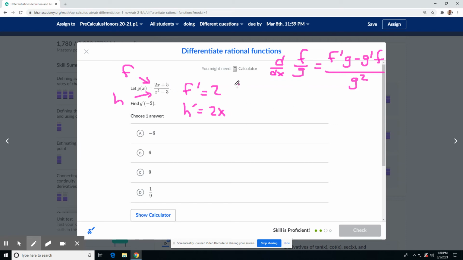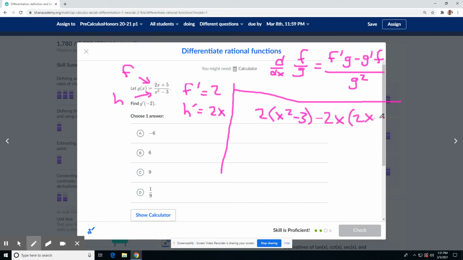All right, so now I just plug everything in to my formula here. The derivative of the top is 2 times the bottom, x squared minus 3, minus the derivative of the bottom, which is 2x, times the top, 2x plus 5, all over the bottom squared, x squared minus 3 quantity squared.